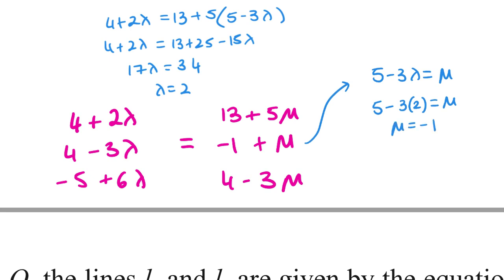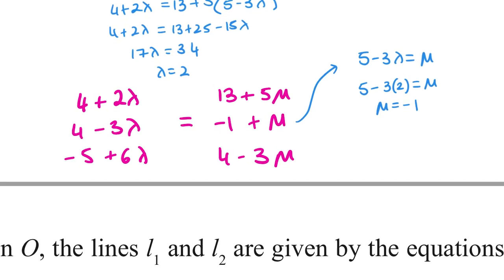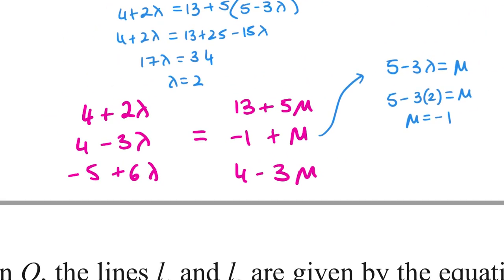Now the final check is to check that it works in the last one. Okay, so we're going to have minus 5 plus 6 lots of 2, which we know is minus 5 plus 12, equals 4 minus 3 lots of minus 1.